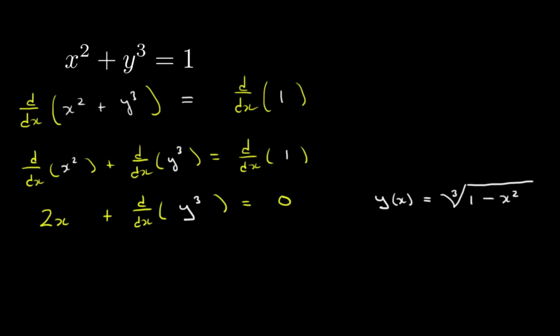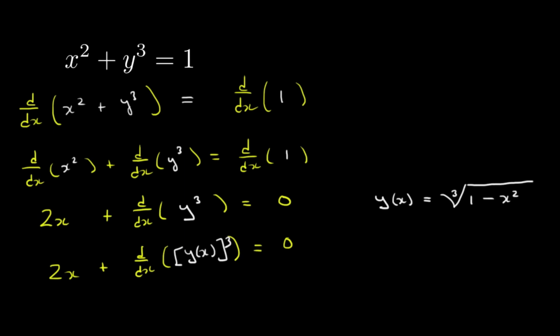Well, hopefully you can start to recognize something with the derivative of y cubed. If I go one more step here, and rewrite the rest of our equation, is that I'm taking the derivative of y of x cubed.